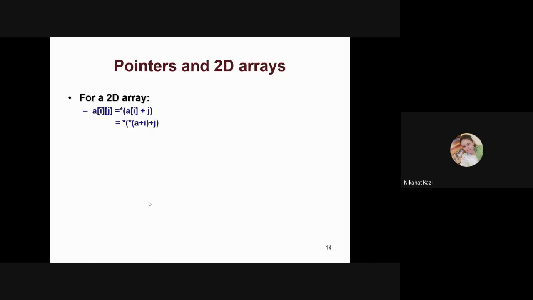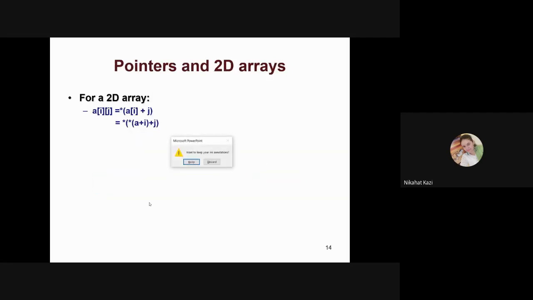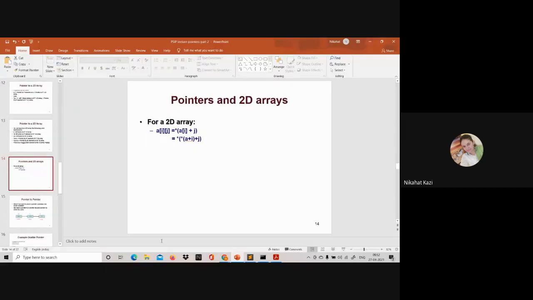So understand, if you want to get the value, that means the expression Aij, that is the value of any element in a 2D array, then you need to write star of star of A plus I plus J. So this is the expression which you will be using for the program on pointers and 2D arrays. Okay. So let us see that program quickly.